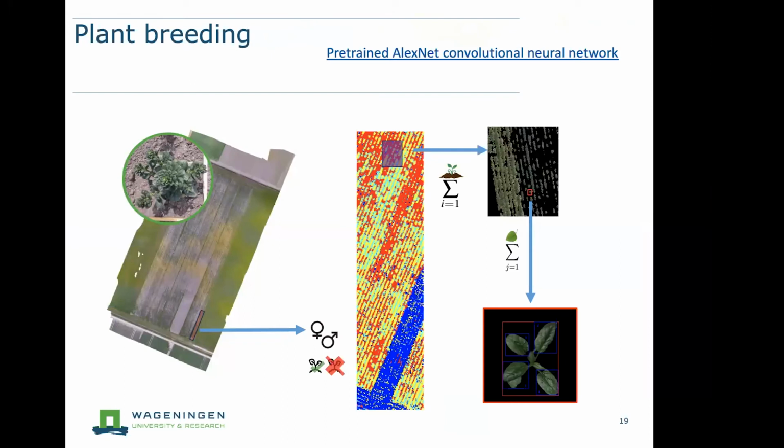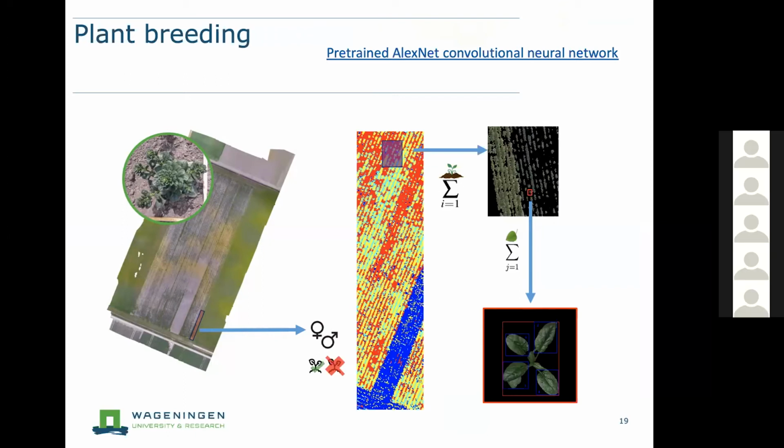Another nice project, and now let's jump from the pears to the spinach. This is a big project that was in collaboration with a huge plant breeding company, whose name I cannot say because of confidentiality. This study was composed of three stages.